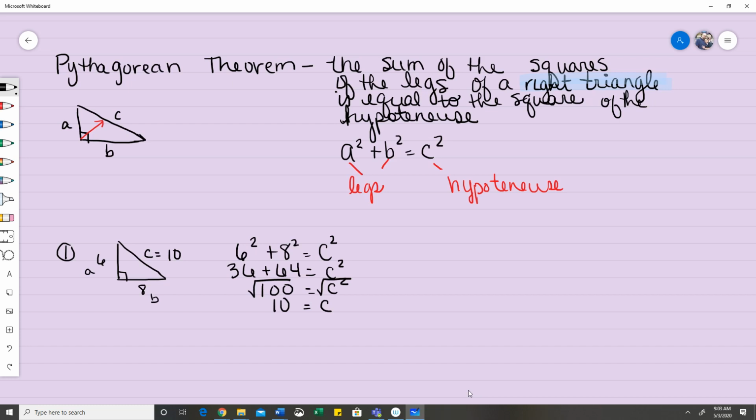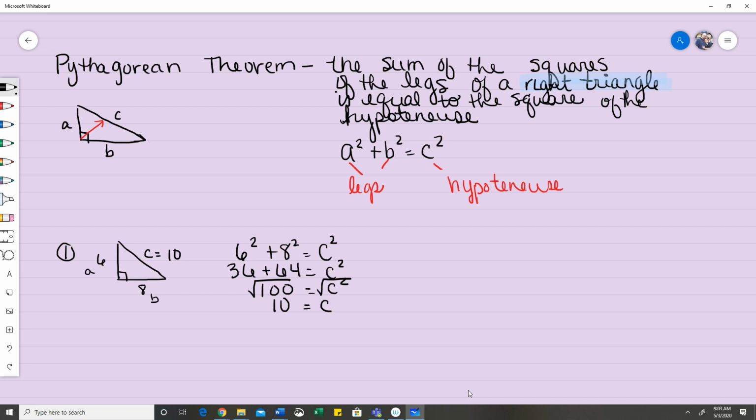This is something called a Pythagorean triple. Okay, when you have three whole positive integers that work well within the Pythagorean theorem and they satisfy that Pythagorean theorem, then you have what's called a Pythagorean triple.